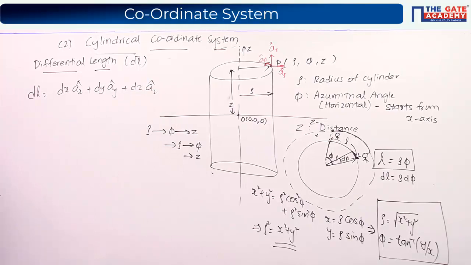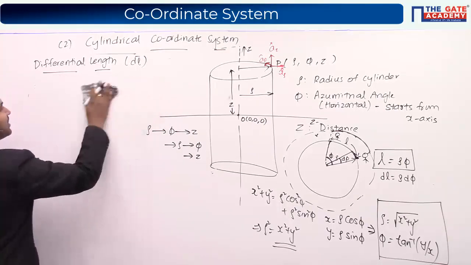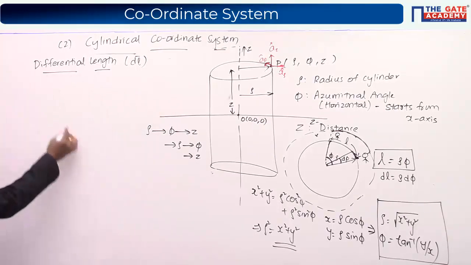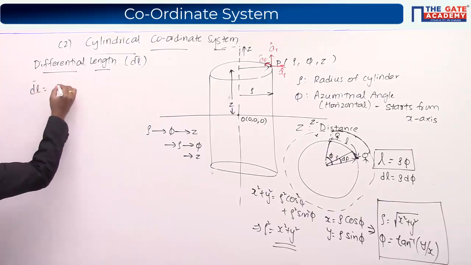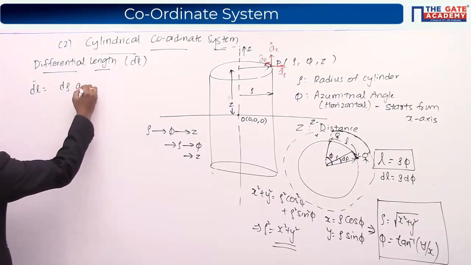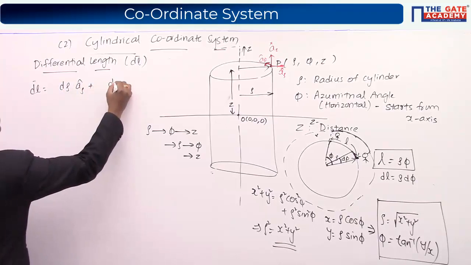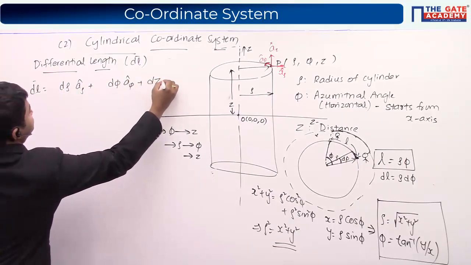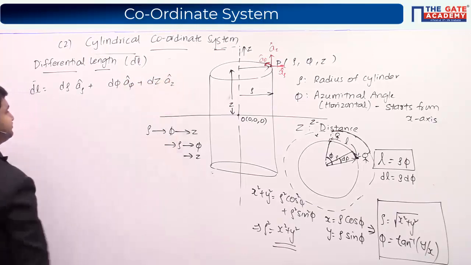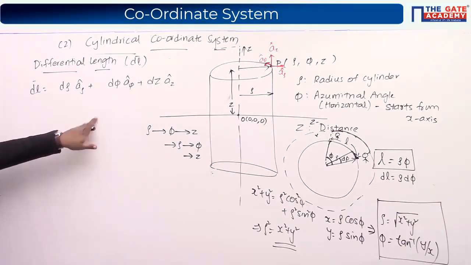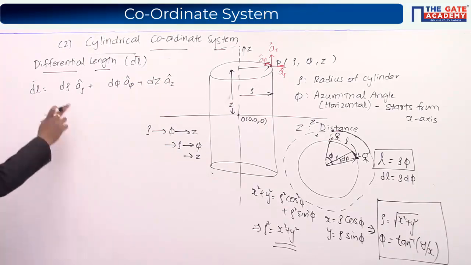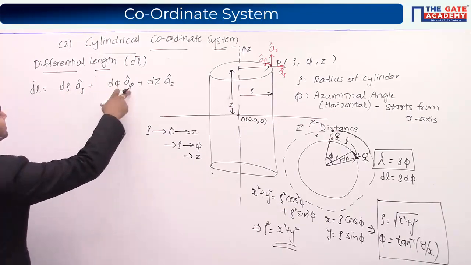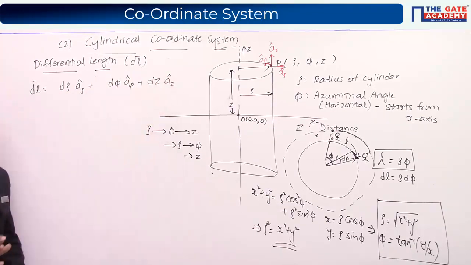The similar thing I want to maintain here also. The differential length here is given by change in rho in the rho direction, change in phi in the phi direction, change in z in the z direction. Is this fine?